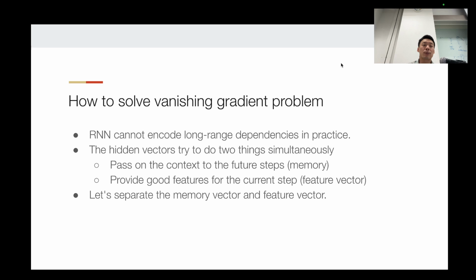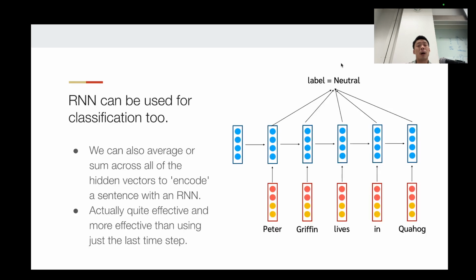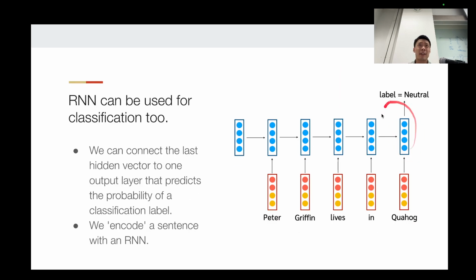Okay, so we've got the exploding and vanishing gradient. So RNN can encode some long range dependencies, but it has some limitation to it. It cannot go that far back. The problem is the hidden vector tries to do two things all at once. If you look at the model, the hidden activation wants to do two things, right?